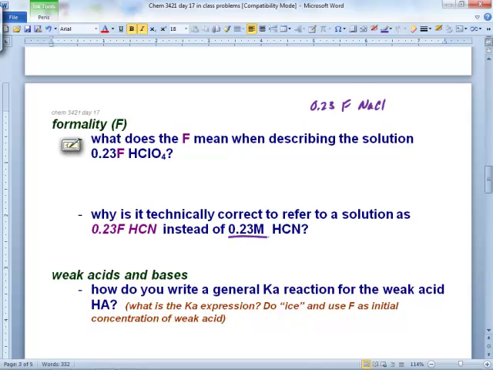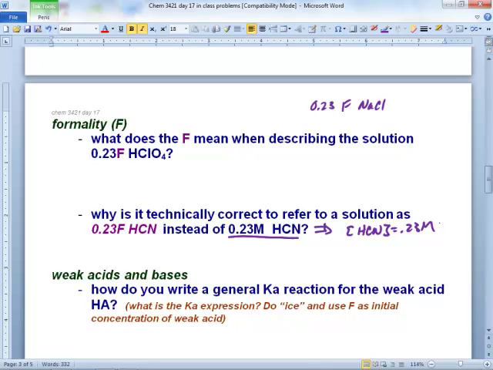If you write an M, that means the concentration of HCN is 0.23 molar. If you write an F, no. The concentration of cyanide in all its forms is 0.23 molar. Big difference, right? And we know that from this full systematic treatment.